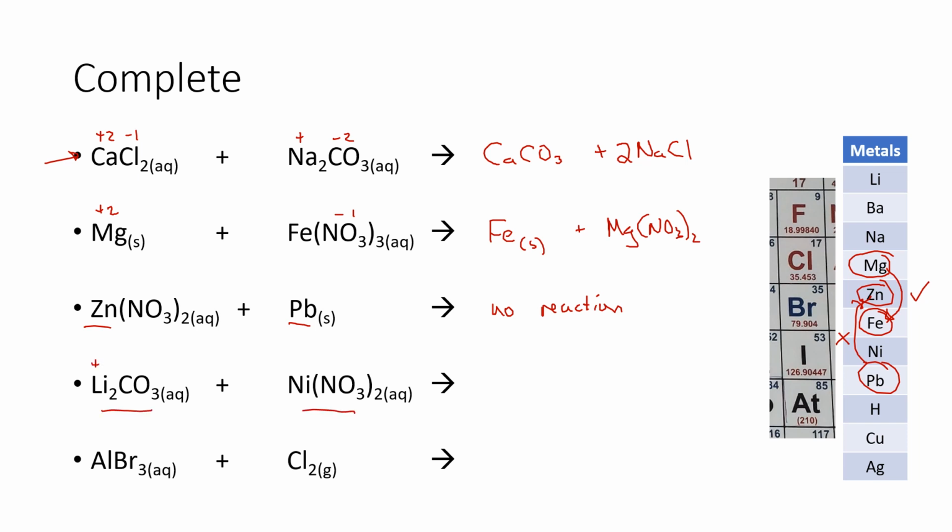We'll put in some charges, +1, -2, +2, and -1, which means we're going to end up with pretty much the same one as the first one. You've got nickel and carbonate, and we're going to end up with lithium and nitrate. Looks like we've got 2 nitrates there, so we're going to need 2, and that should take care of all the balancing. The last one here is going to also be a displacement.